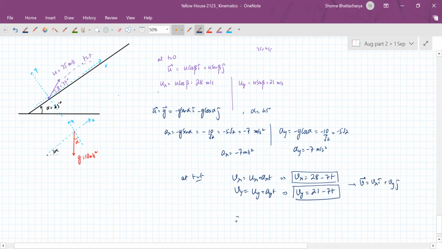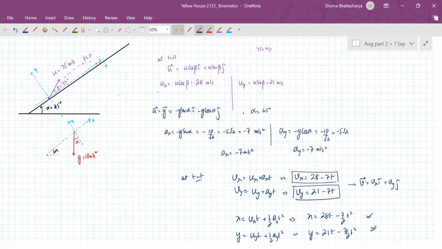And the x coordinate will be given by ut plus half at square. So 28t minus 7 by 2 t square. So these equations become very important. Okay. Now the rest of the method is the same.